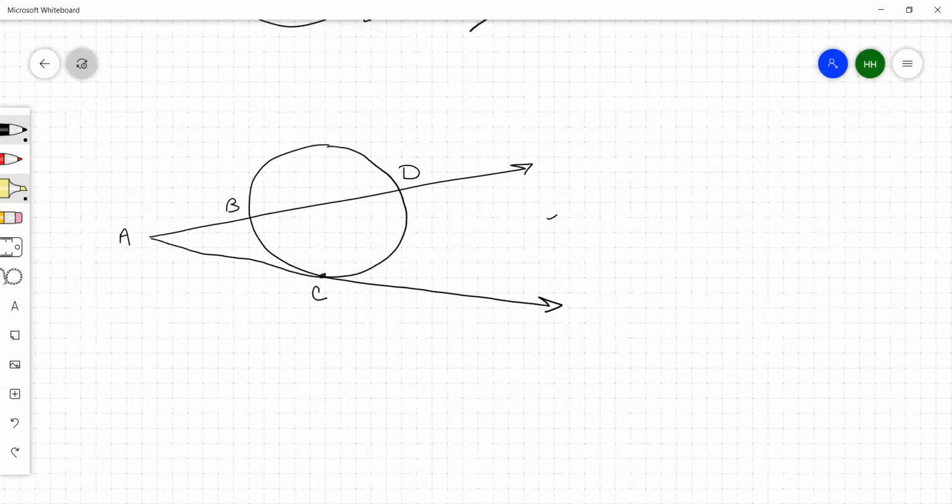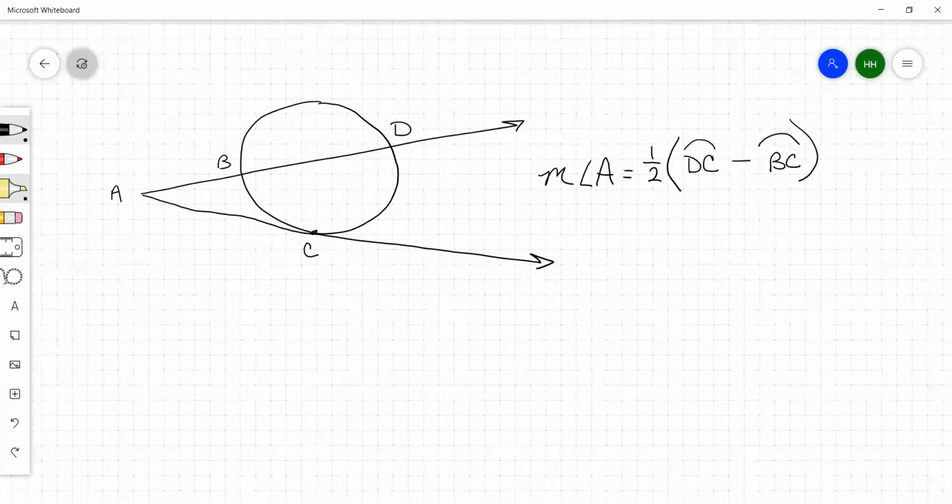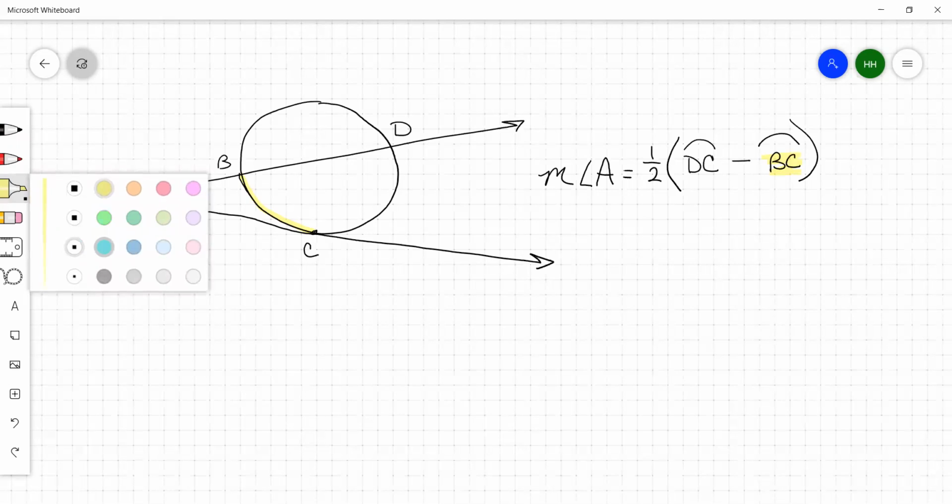The measure of angle A is equal to 1/2 arc DC minus arc BC. That's blue minus yellow again. There's your yellow. There's your blue.